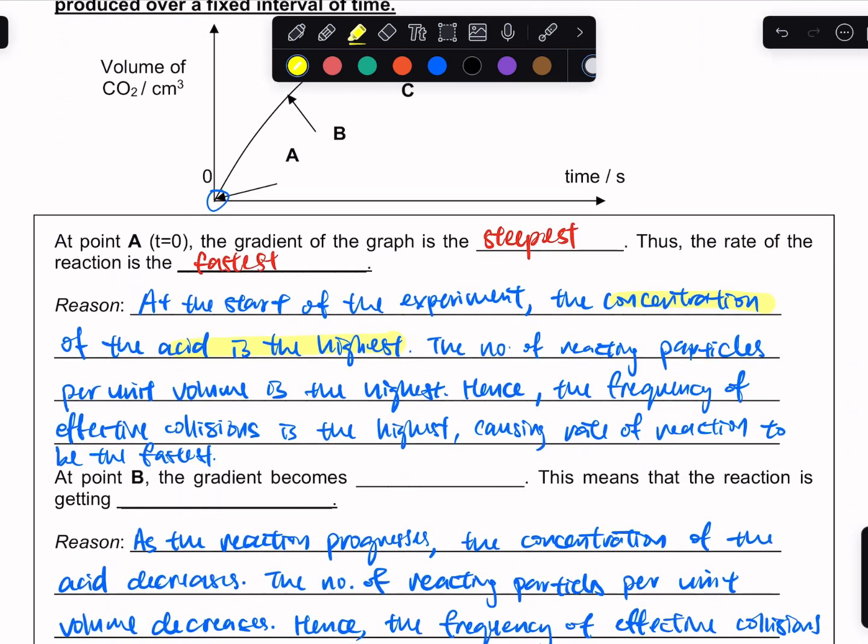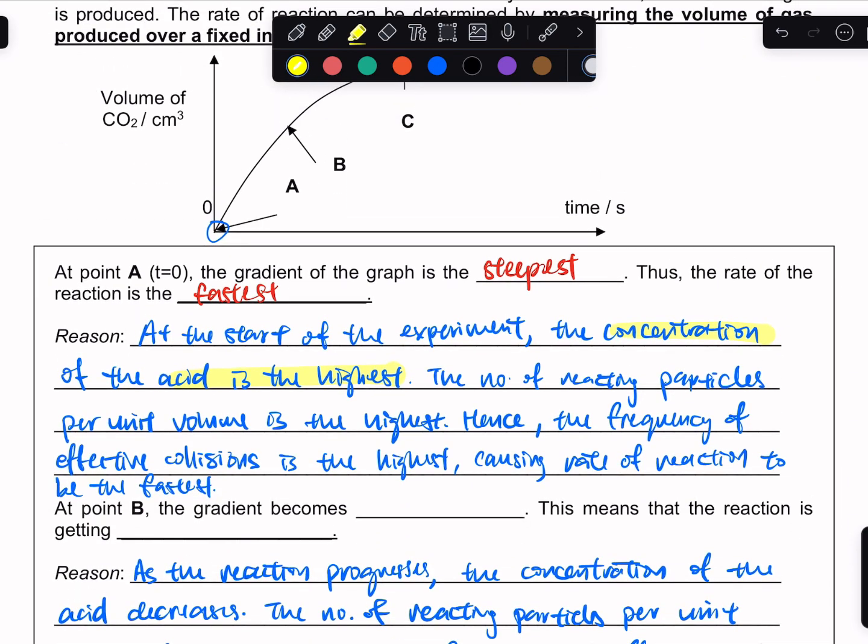So the number of reacting particles per unit volume is highest, frequency of effective collision highest, rate of reaction fastest. You can see how I mirror the steps to explaining how concentration results in higher rate of reaction.